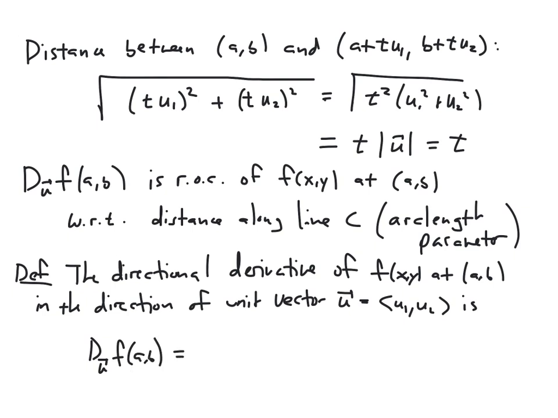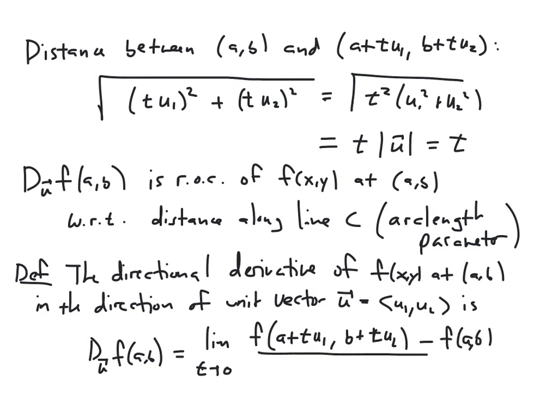We're going to take the limit as t goes to 0 of the expression f of (a plus t u1, b plus t u2) minus f of (a, b), all over t. And so this just puts everything we've just done back into context.